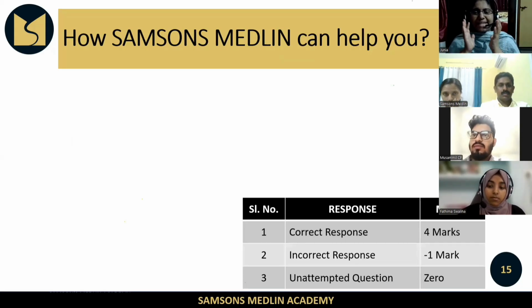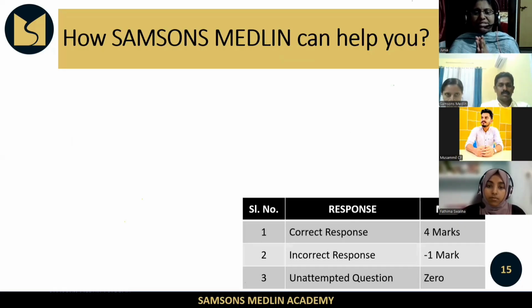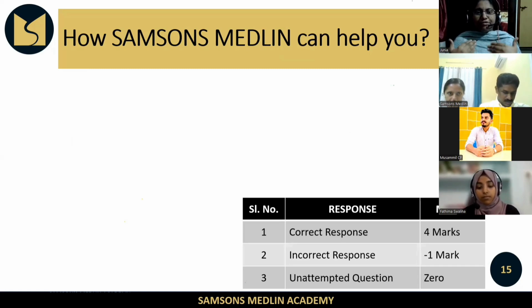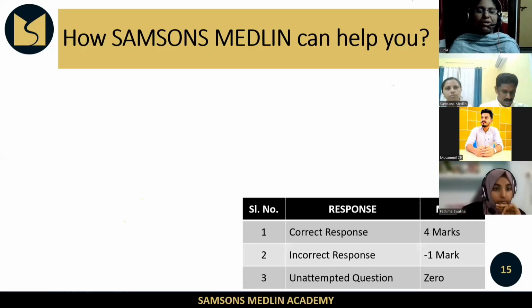Some questions can be very tricky or confusing, like they will provide you multiple statements and ask you which of the following is incorrect, or they will ask you all of the following statements are correct except one. So reading and understanding the question is very important prior to answering it.